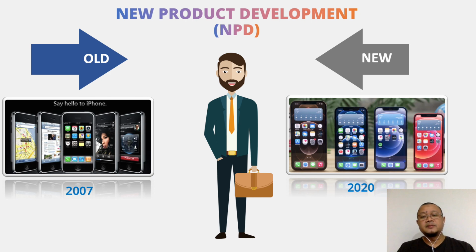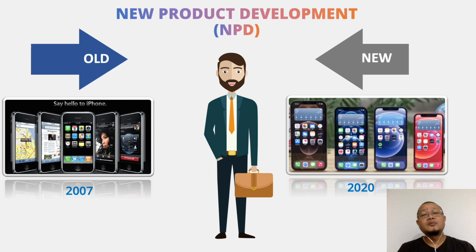I will share with you some classic examples of new product development. First, you see here in this slide the evolution of a product which is very familiar to you, right? iPhone. It started in 2007 and now it has evolved to I don't know how many models. The most recent is iPhone 12, right?